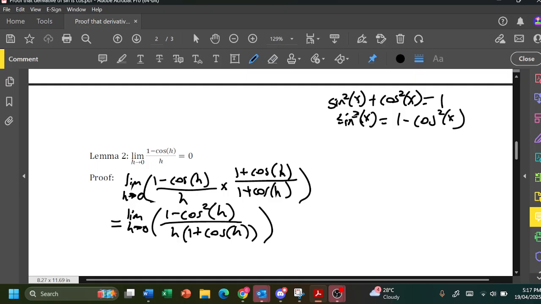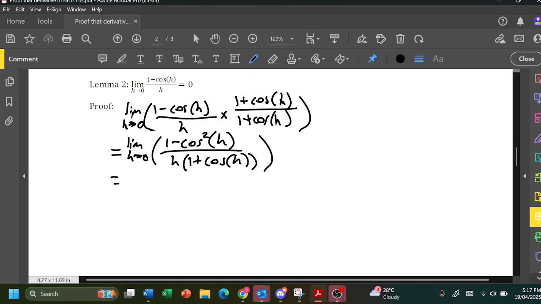So we've got that up the top here. We can now see that the numerator of this limit must be equal to sine squared of h over h times 1 plus cosine h.